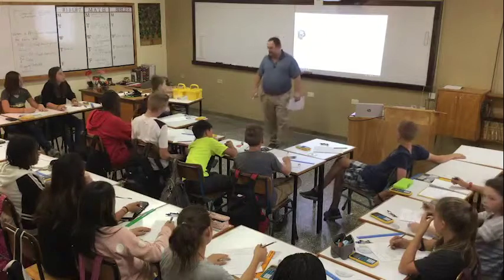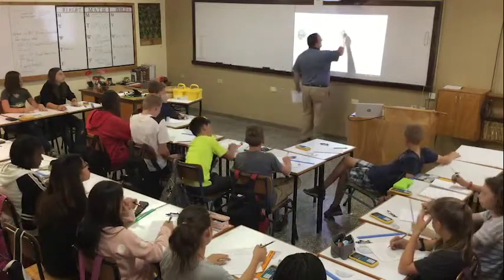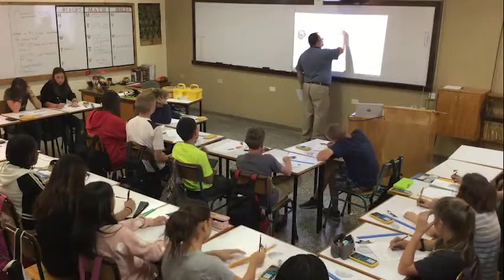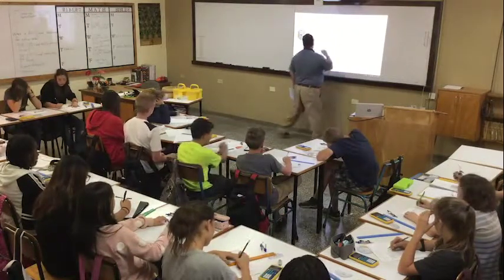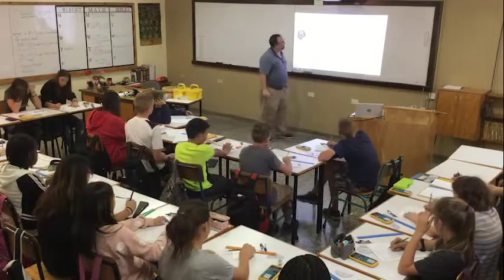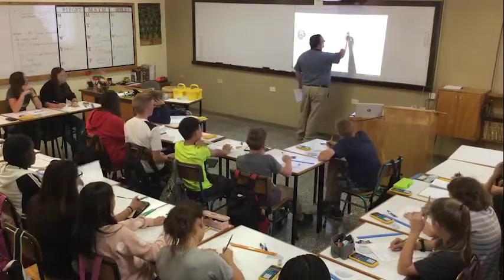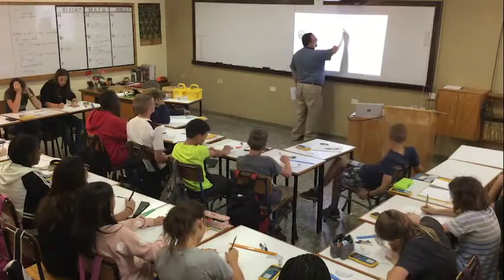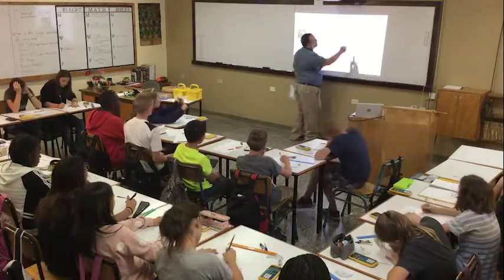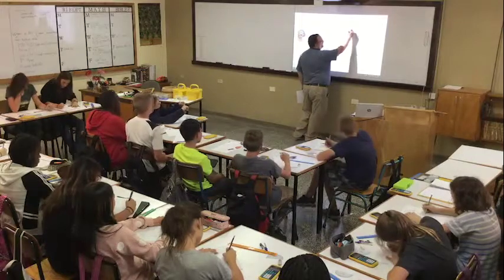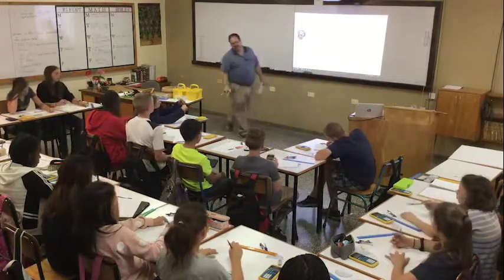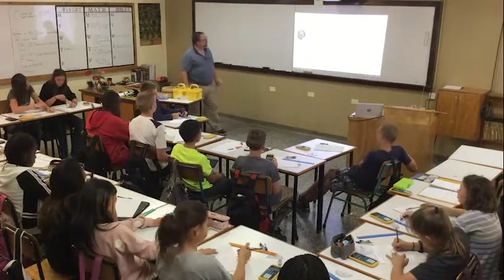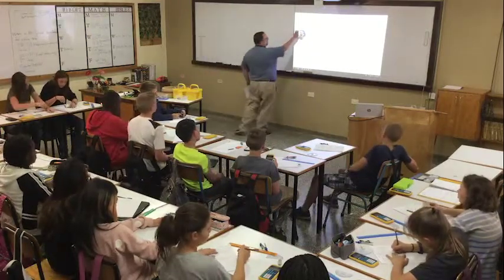Here's a little sketch of what that would look like. If I have a segment, let's say the segment is AB, and that midpoint is the point right in the middle, we'll call it point C, that divides AB in half. So 1/2 of AB is on this side of the midpoint, and 1/2 of AB is on that side of the midpoint. The point that divides the two segments in half.